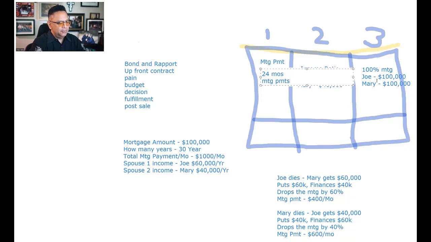So I'm going to show for both of you, Joe and Mary, minimum is 25,000 on a term. So we're going to show you basically 24 months of mortgage payments, 25,000 each. So that is way to the other extreme, but it gives you an option that is affordable.